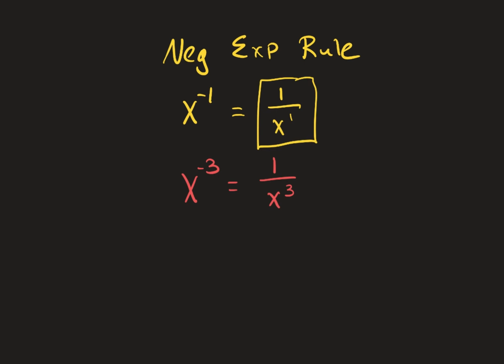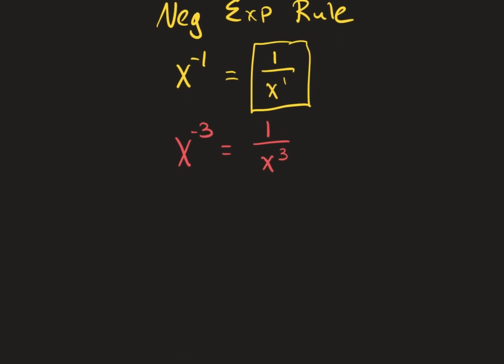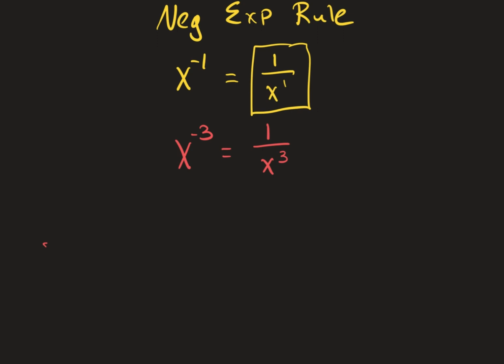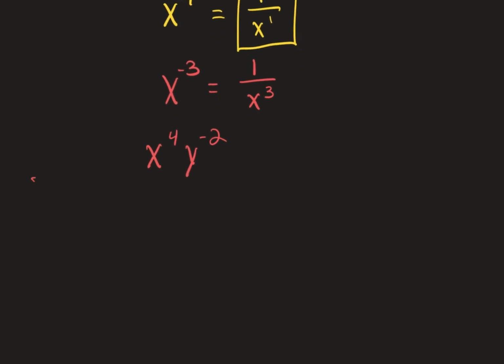Just remember, we can always put a 1 underneath there if we need to. Now, if you have multiple ones, let's say we have x to the fourth, y to the negative second, and you're asked to rewrite this without negative exponents.